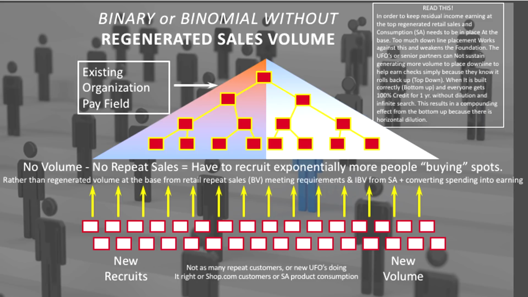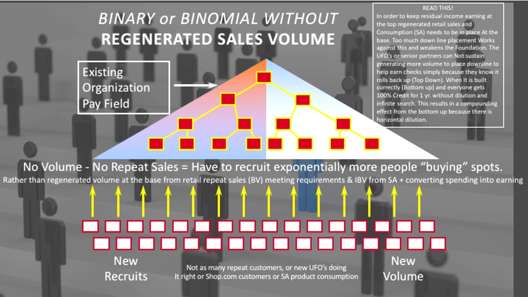Downline volume helps earn checks simply because they know it rolls back up to the top. So people put it down because they're still going to get credit for it. They didn't really do it. When more and more of that happens, you're displacing solid regeneration, accumulation, and compounding from the bottom up. Can you understand that? So it's not a good principle.